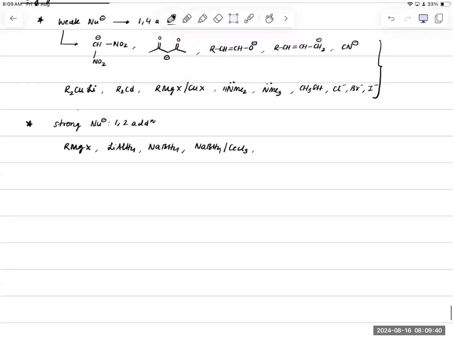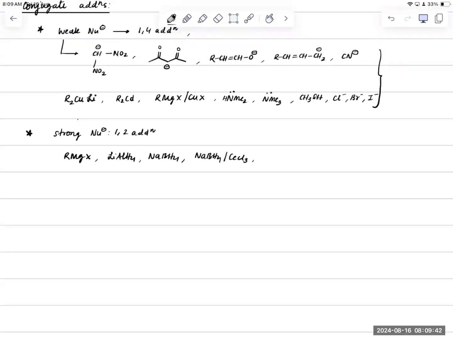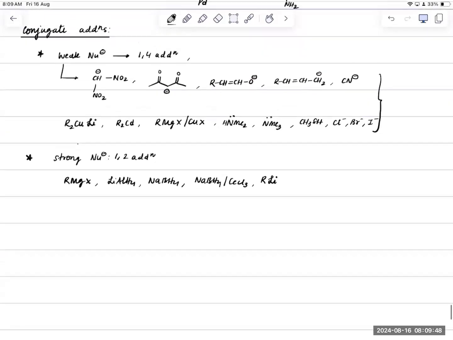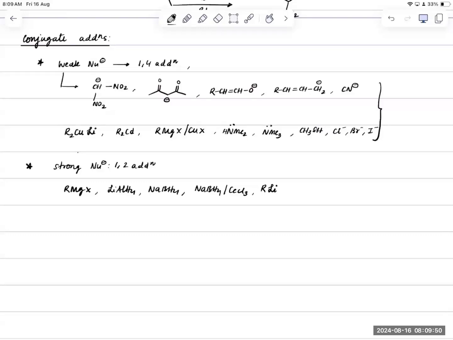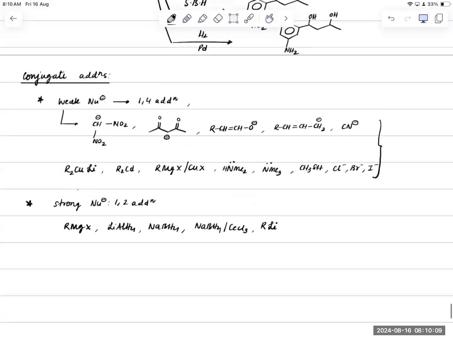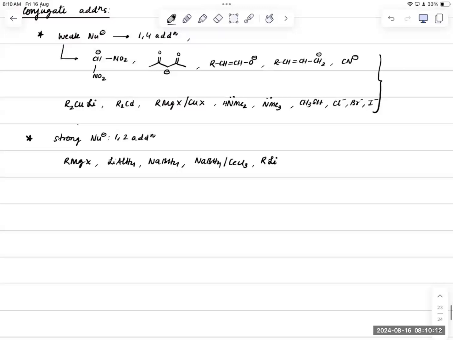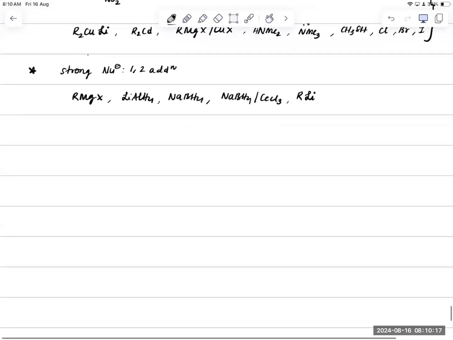Okay, then RLi, and anything else. That's it. These are the cases wherever you see, you need to understand that this is going to go for 1,4 addition. Let me show you one example.